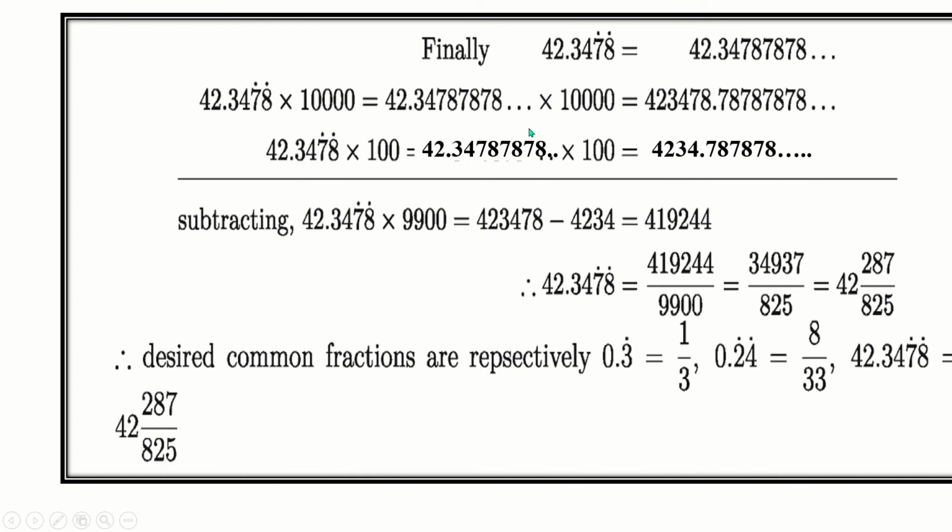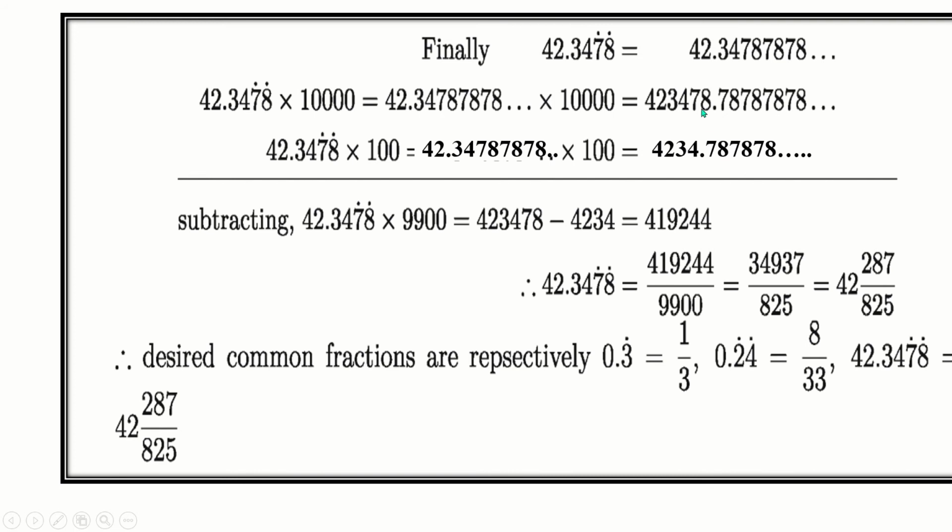As there is a non-recurring, non-repeating part, here 2 and 3 and 4, we have to take this fixed. For the other fractions we multiplied by 1, but here it will be 100, because the non-repeating part is 2 3 4, so 0 0 we have to take fixed. Clear? And after multiplying this we get this.